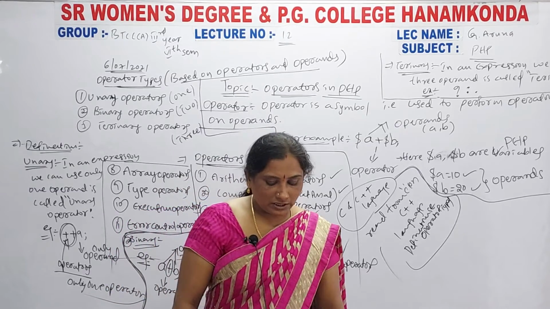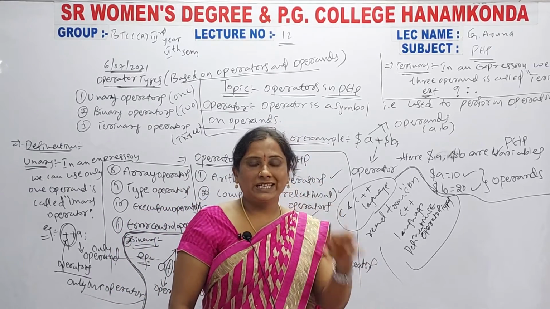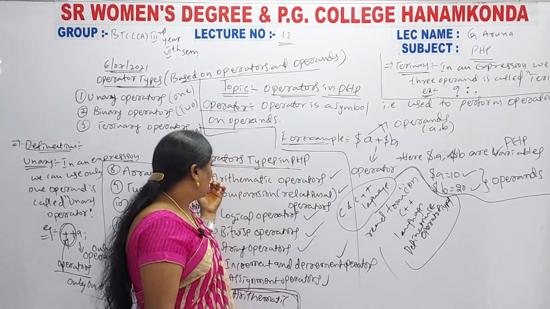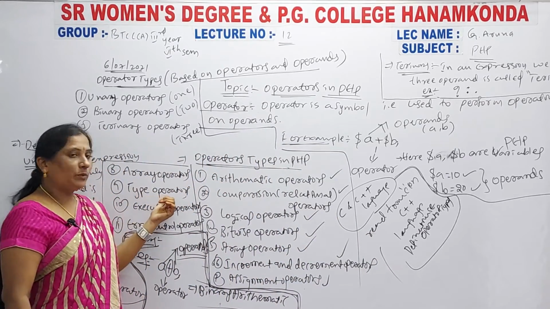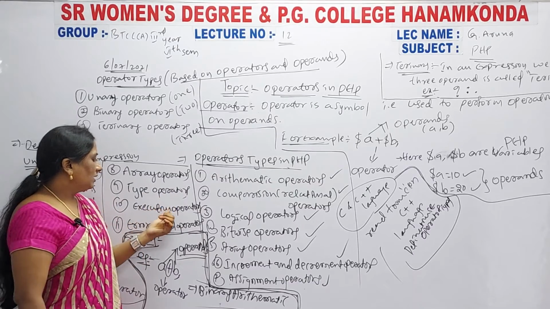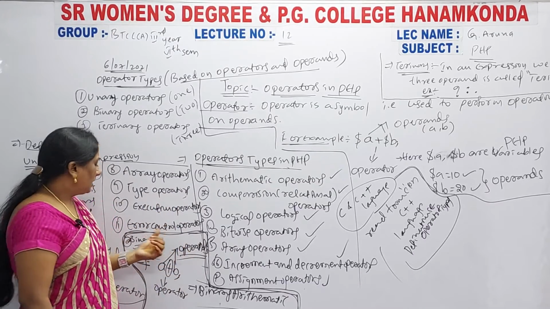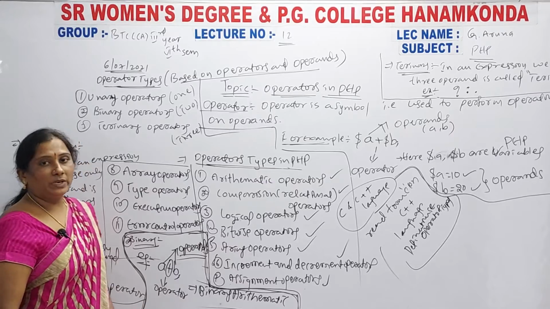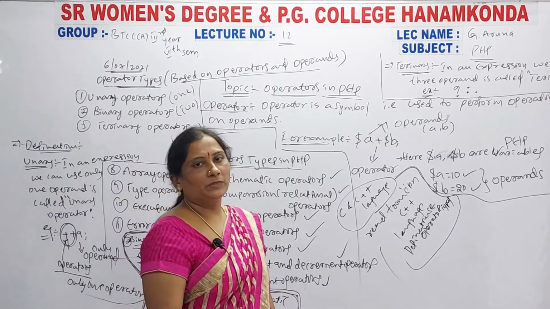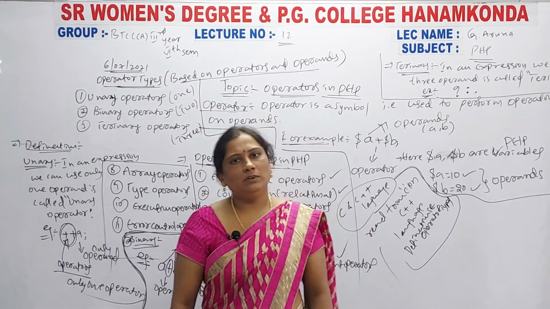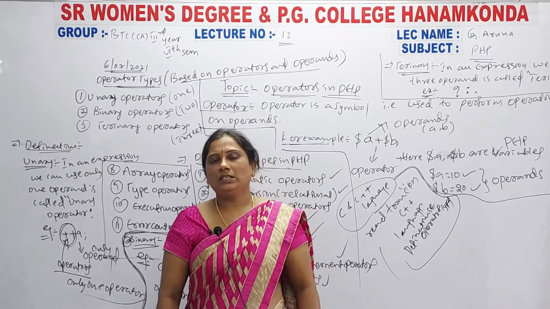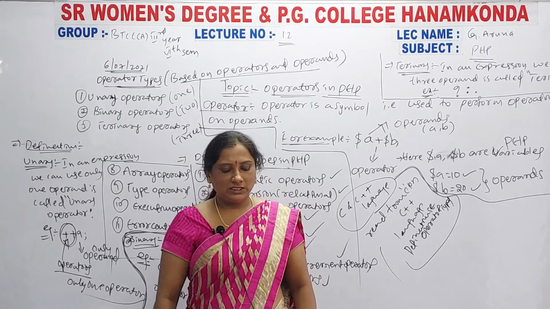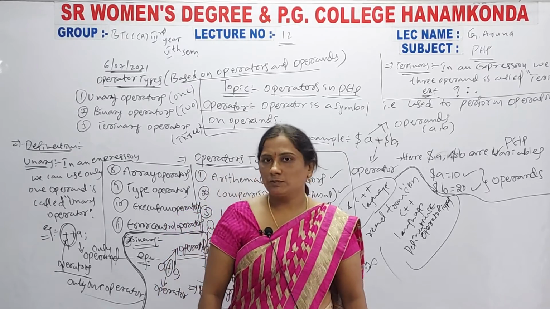So girls, in operator types we have one table: array operators, then type operators, then execution operators, then error control operators. We have one table. Okay. That table I will send in the WhatsApp group. Then I will explain that table.